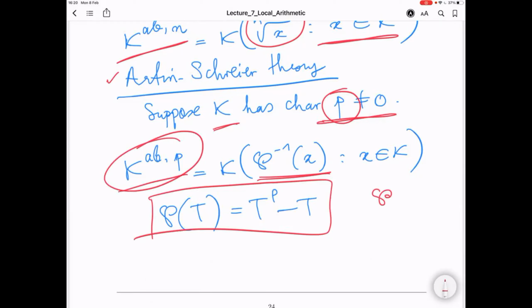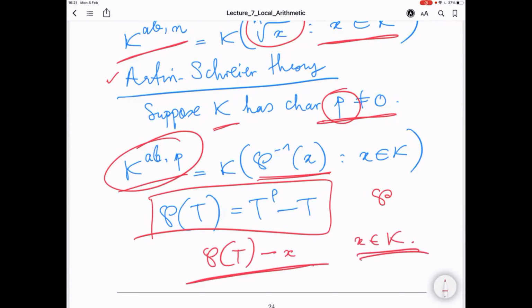So you adjoin to K the roots of the polynomial t^p minus t minus x for all x in K. These are the roots, and the roots are being denoted by this. Artin-Schreier theory tells you that that gives you the maximal abelian extension of K of exponent p.